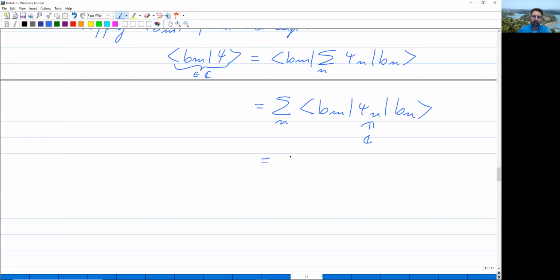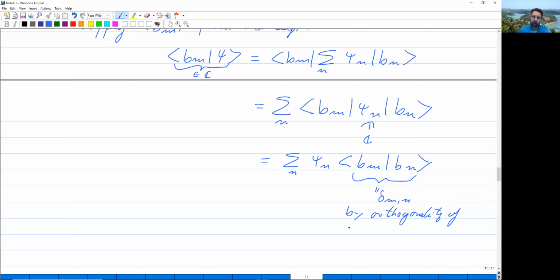So this is sum over n psi n bm bn. This is Kronecker delta mn by orthogonality of Hilbert basis.